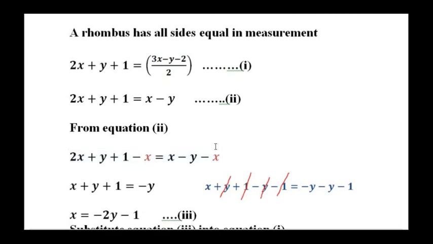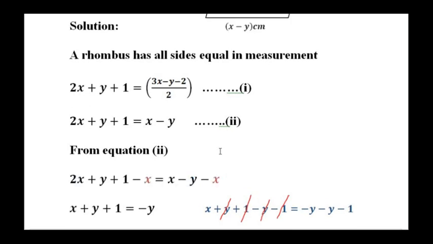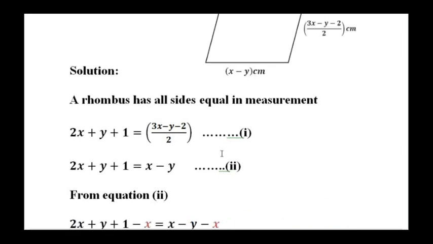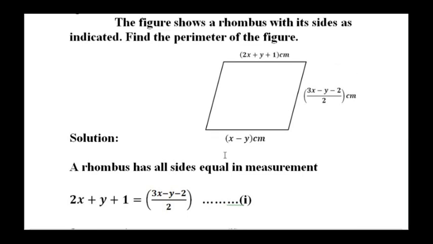The question arises as to why we don't consider the length x - y centimeter to be equal to the length of the fourth side. The answer is that we can consider these two lengths to be equal, but we are not given the length of the fourth side based on the given condition in terms of x and y.